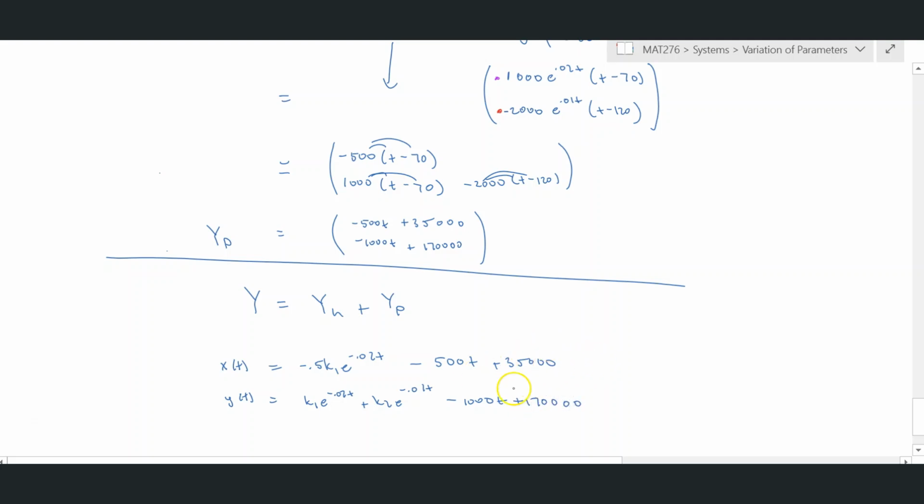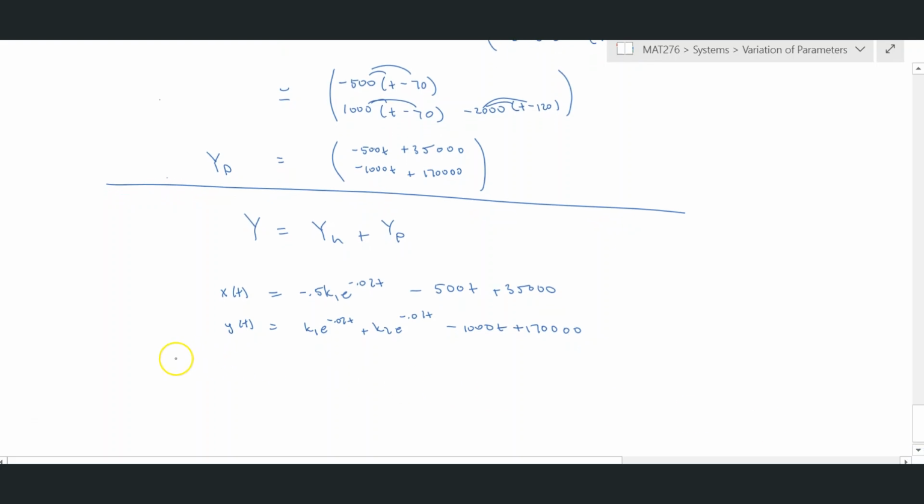And so now we need to plug in our initial conditions. Okay, so we know that both x and y are 0 at time 0. The first term will be negative 0.5k1 when we plug in 0 for t. This term will go away. We'll just be left with the 35,000. And then for the second one, we'll have k1 plus k2 plus 170,000.